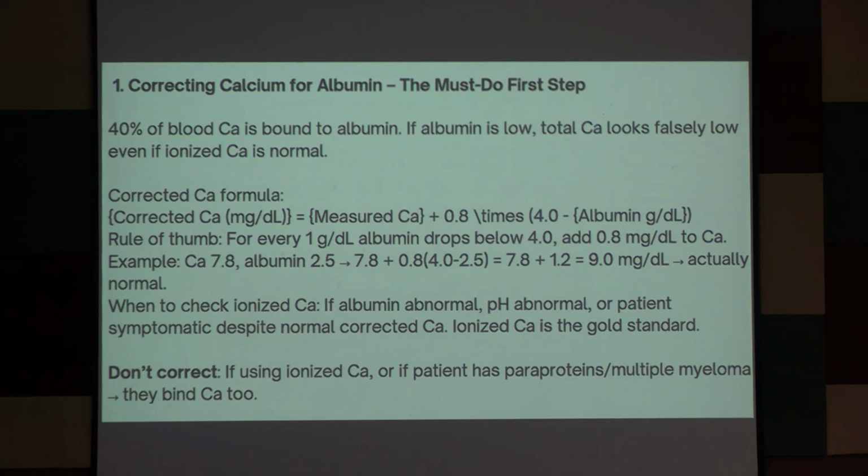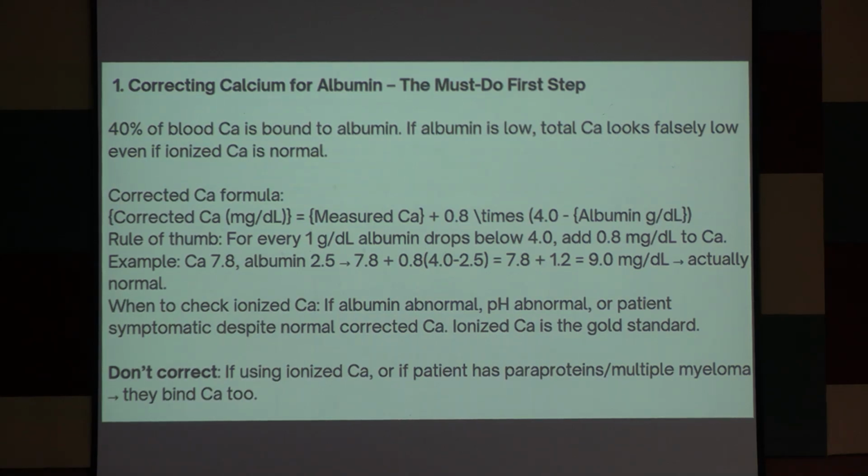When to check ionized calcium? If albumin is abnormal, pH is abnormal, or the patient is symptomatic despite normal corrected calcium, ionized calcium is the gold standard. Usually we don't measure it. In what setting do we measure ionized calcium? In the ICU setting.